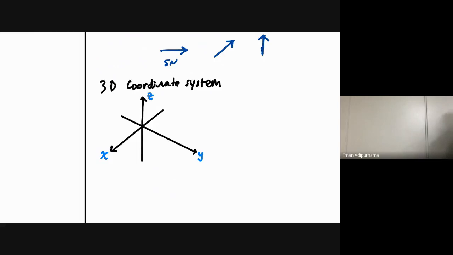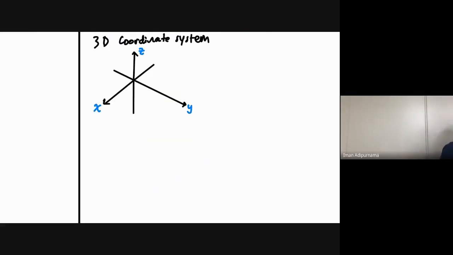And how do we determine that? If you remember, we can use our right hand to define the z direction. So this will be the y, and this will be x, and this will be z, right? If you remember that, then we are actually using the same concept.